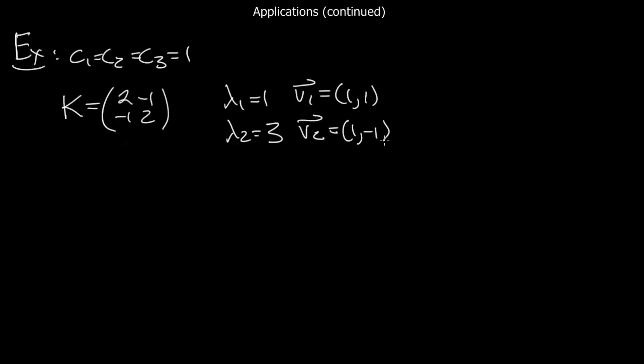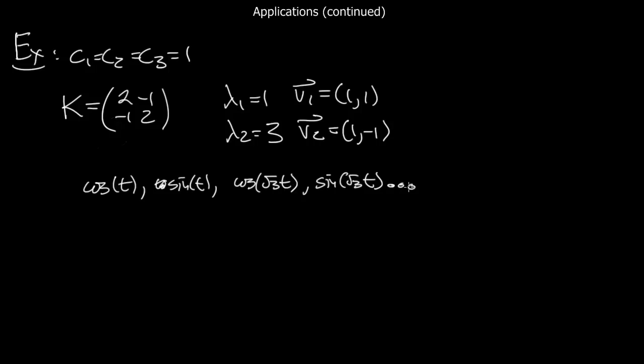Okay, so what happens? The solution to this thing looks like the following. You get a cosine of 1 times t, and sine of 1 times t, with the corresponding vectors, and then also cosine and sine of radical 3 t.